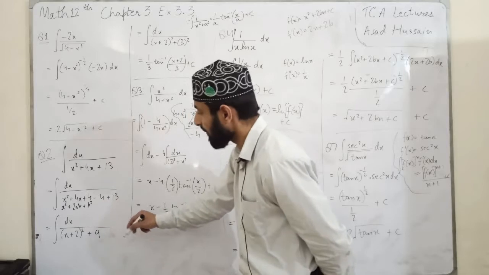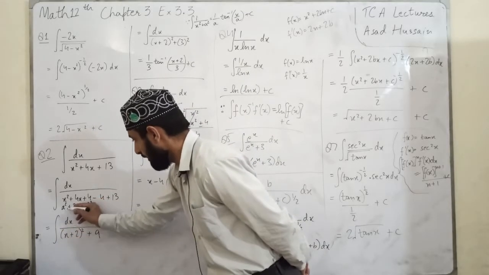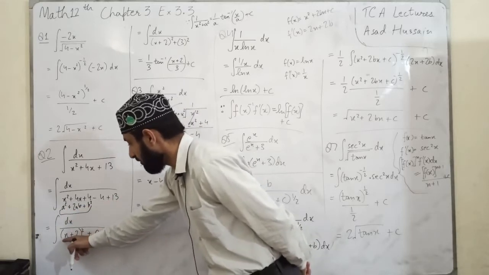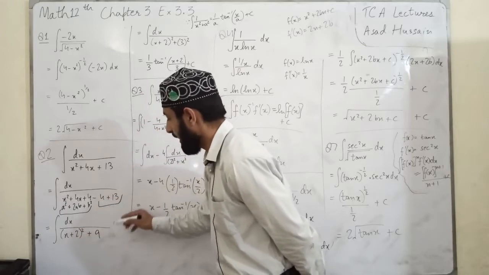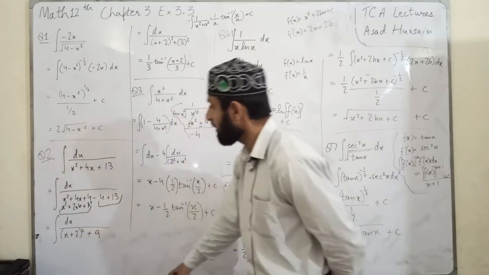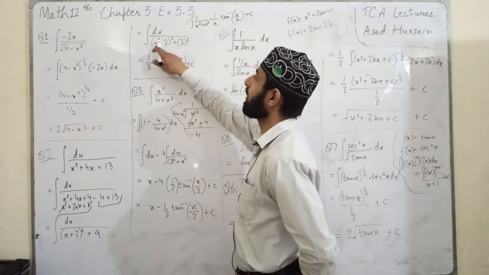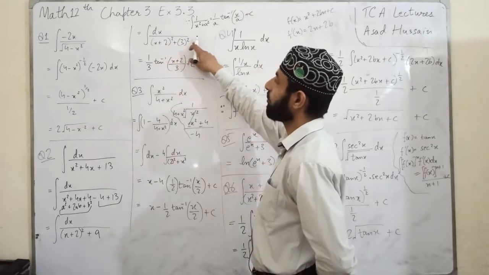Now it can also be written as integral dx over these three terms, which complete the square, x plus 2 whole square, and these two terms add up to 9. In the next step we will write it as integral dx over x plus 2 whole square plus 3 square.